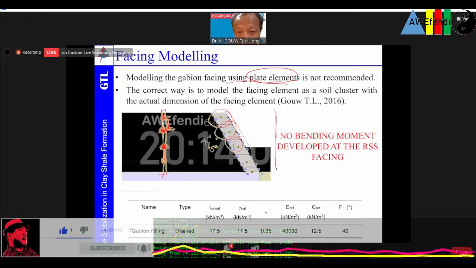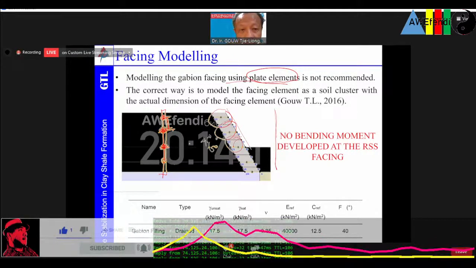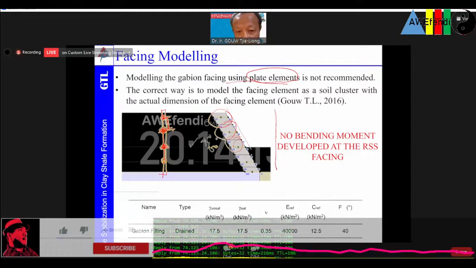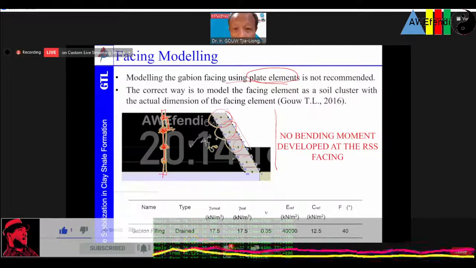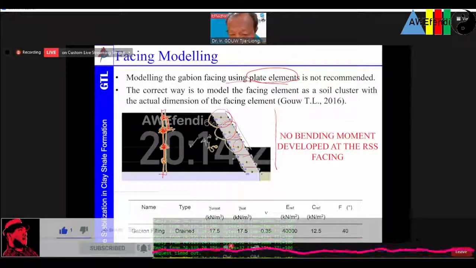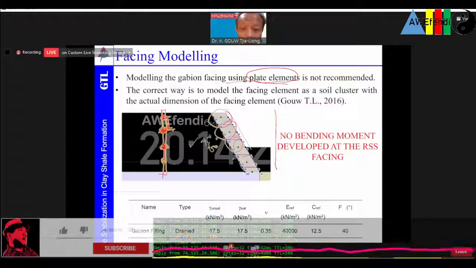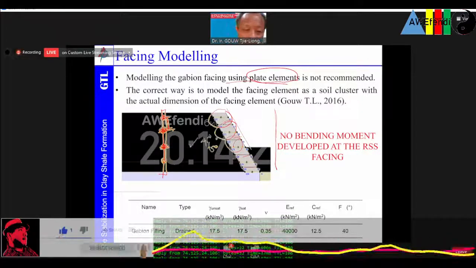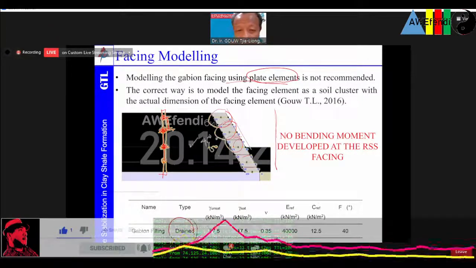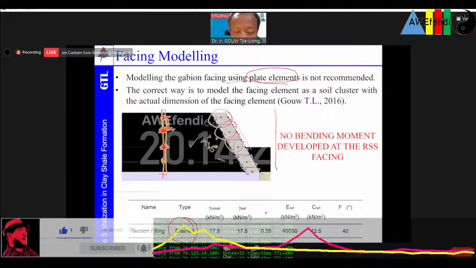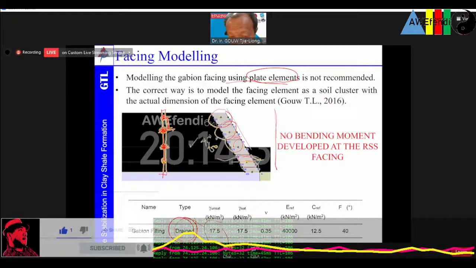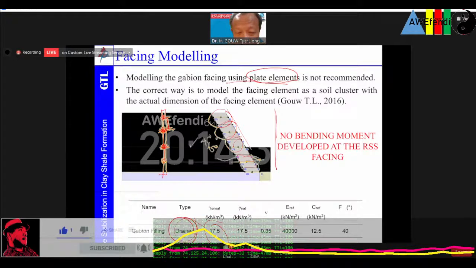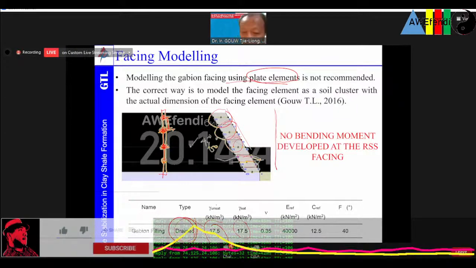This yellow one is the geogrid, and the gray one is the gabion facing. So we model it as a soil cluster, and these are the parameters. Take it as drained because water can easily flow out through the gabion, of course. Gamma is the unit weight, which is a bit low with the value that we took.